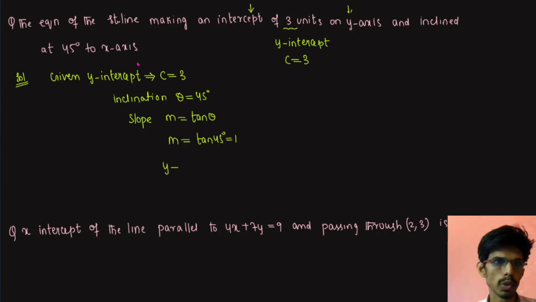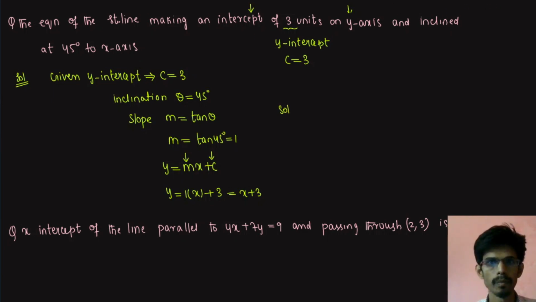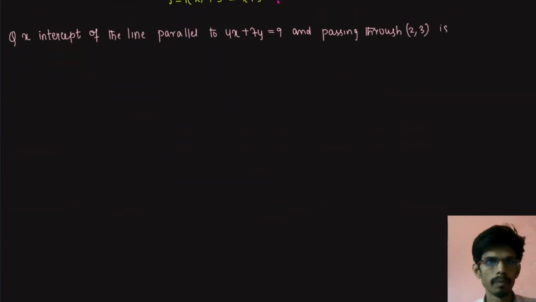Now we may use the equation y equals mx plus c, because the intercept and inclination are given. So y equals m value is 1 into x plus c value is 3. So y equals x plus 3. Hence the answer will be x minus y plus 3 equal to 0, which is the equation of the straight line.